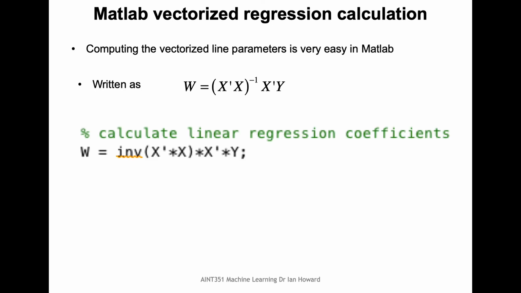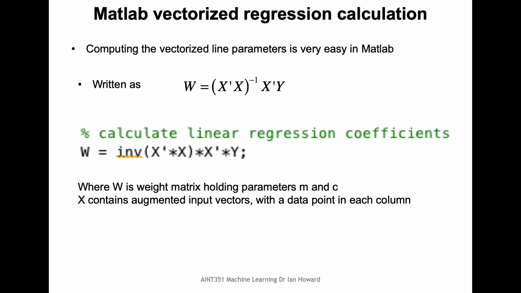And it's totally trivial to run that kind of calculation in Matlab. You just say inv to get the inverse of a matrix, x transpose multiplied by x, that'll do the multiplication, the little tiny apostrophe does the transpose, multiplied by x transpose y. And that single line will do the linear regression in Matlab for us.